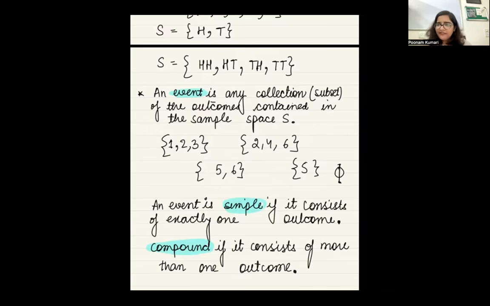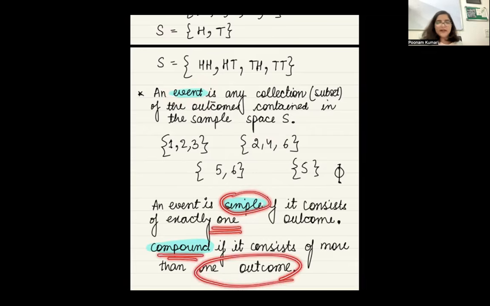So if you throw a die, definitely you're always going to get a real number, which is 1, 2, 3, 4, 5, or 6. So that is also an event. So entire sample space is also an event, and null set is also an event, right? So that is also the case. Okay. All right. So an event is basically any subset of your sample space. It is simple if it has exactly one outcome. It is compound if it has more than one outcome.